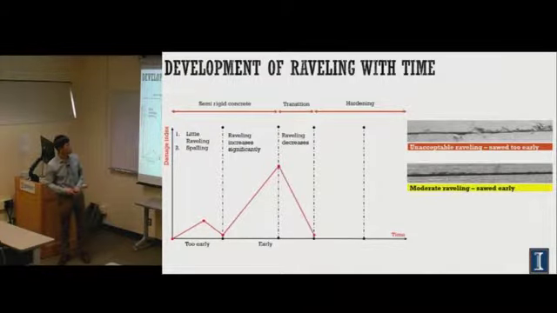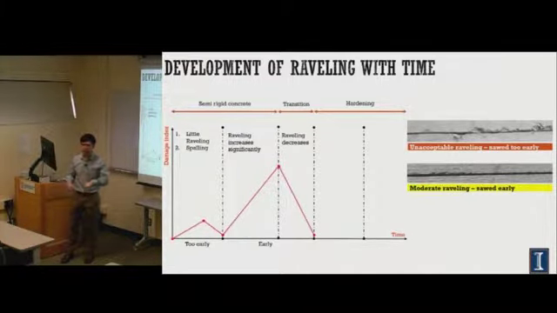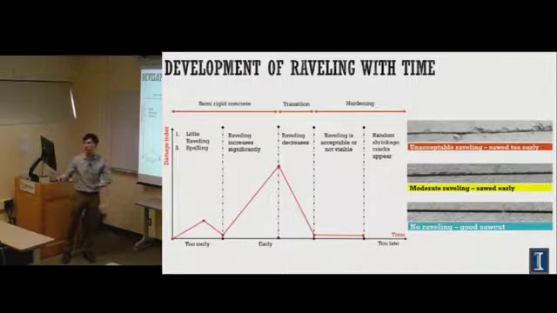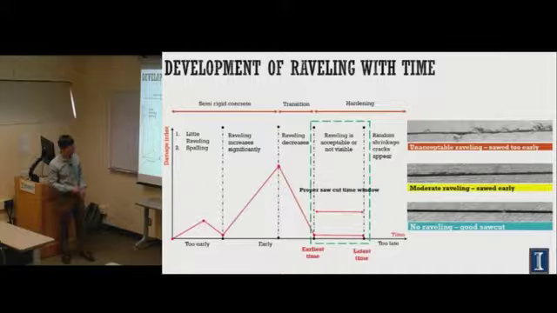After that point, the raveling will decrease and remain low in the hardened state. But if we cut too late, as I said, we will have random shrinkage cracking everywhere. So the window here defines a good time to do the saw cut.